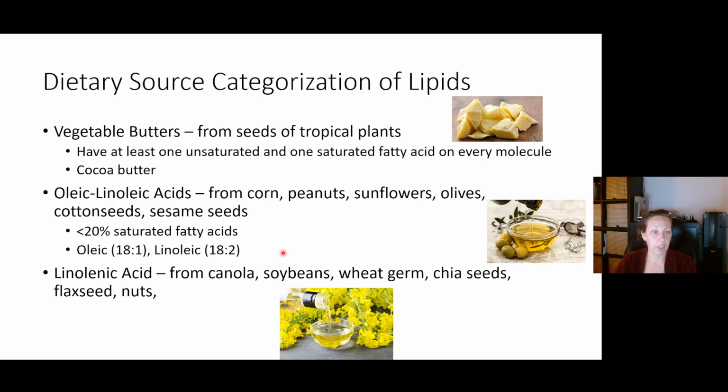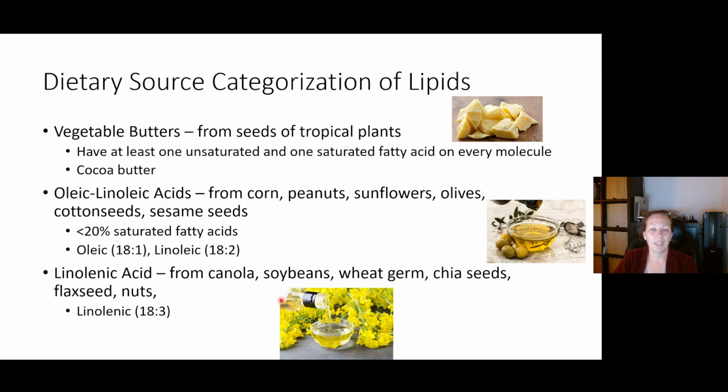So now the fifth type is linolenic acid. We add an N here, and that distinguishes linoleic, which has 2 double bonds, from linolenic, which has 3. So you add an N in the word, and it adds one more double bond.